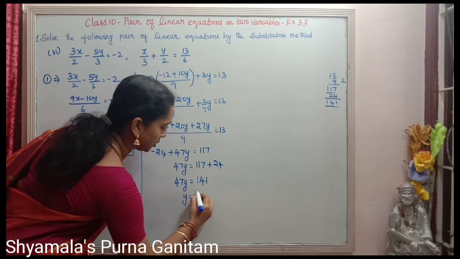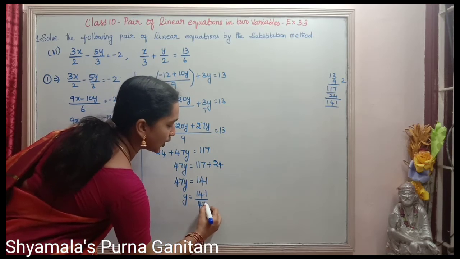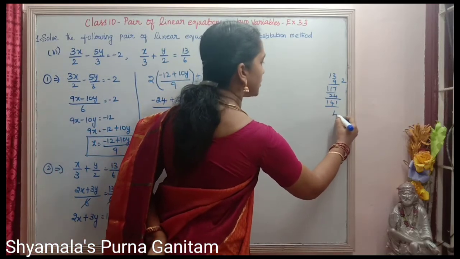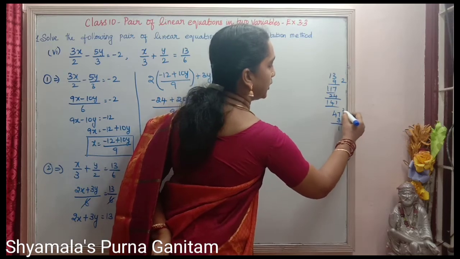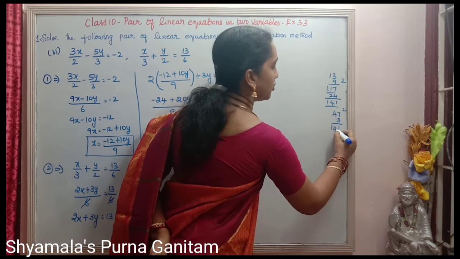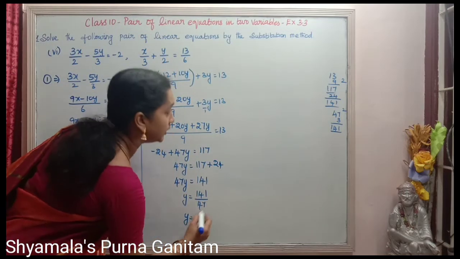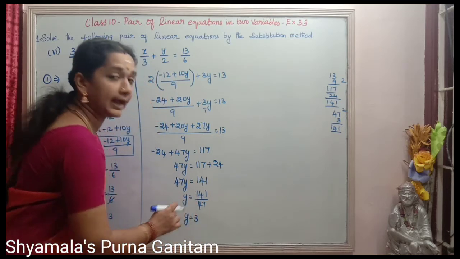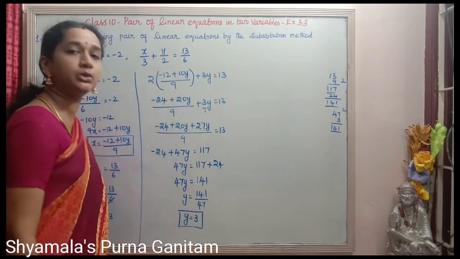So y is equal to 141 divided by 47. So we will check 3 times. 47 into 3, 7 3s are 21, 4 3s are 12, 141. So my y value is equal to 3.